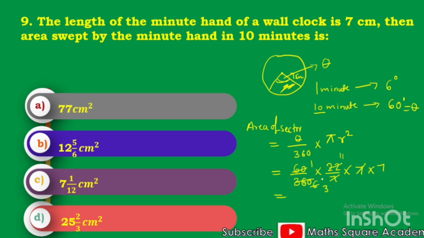So 11 into 7, 77 upon 3. This gives you 25 and 2 by 3 centimeter square. This is the area covered by the minute hand in 10 minutes. That is option number D, the right answer.